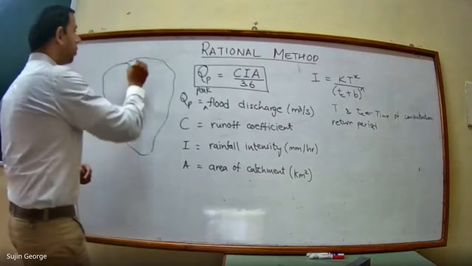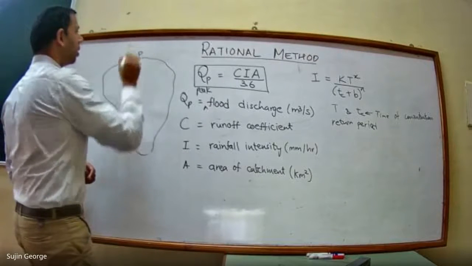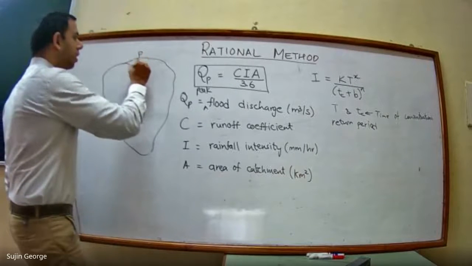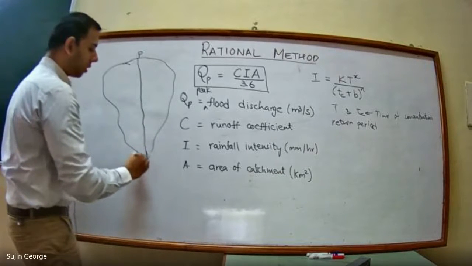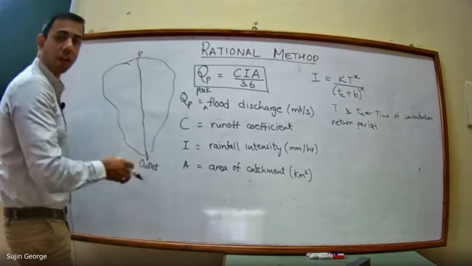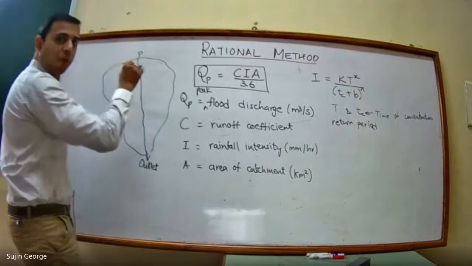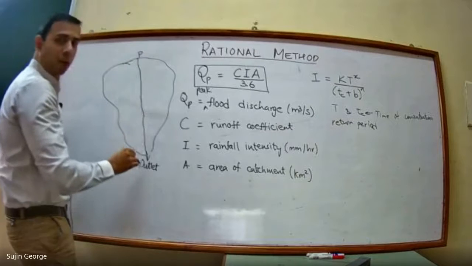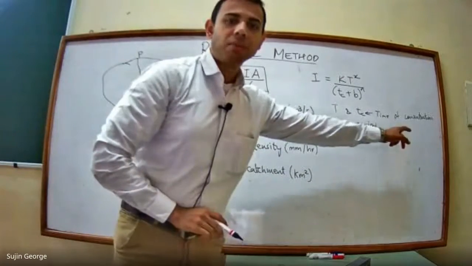Suppose this is the remotest point P of the catchment, and from this point the water will flow towards the watershed outlet. The time required for the rainfall water to flow from the remotest point P till the watershed outlet is known as the time of concentration.